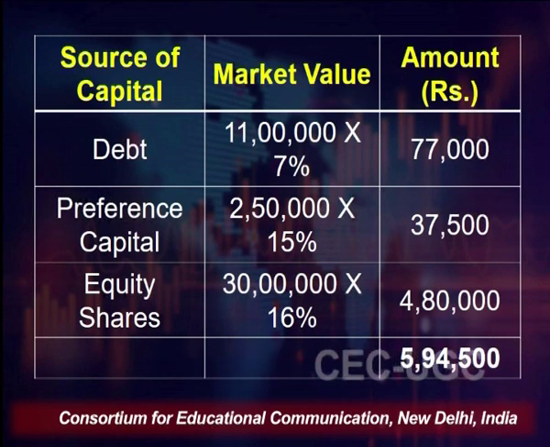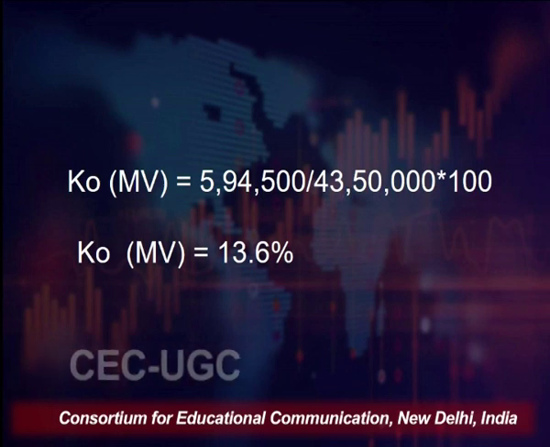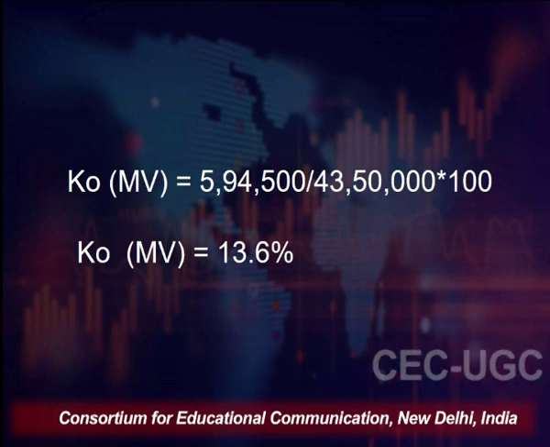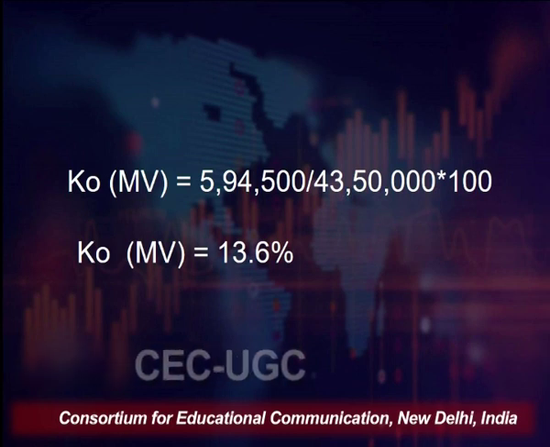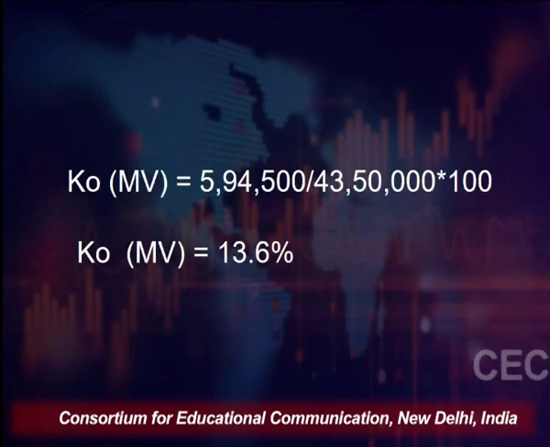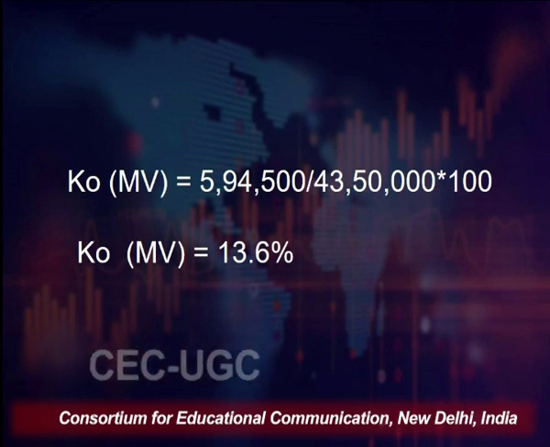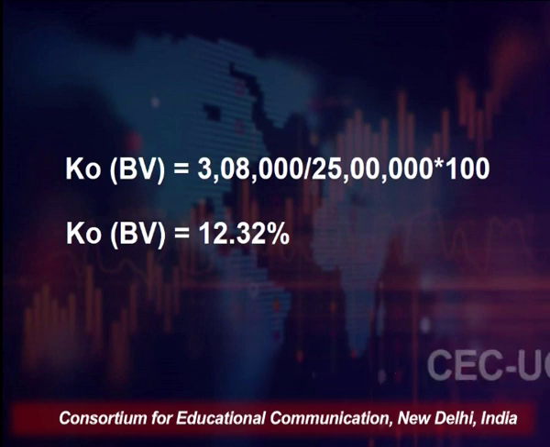Now, we will divide this value with the market value of these sources of funds we have. So, 5 lakh 94,500 divided by 43 lakh 50,000, okay, and we will multiply the value with 100, we will get 13.6%. So, we can see from this that the overall cost of capital according to market value weights is 13.6%, whereas according to book value it was 12.32%.